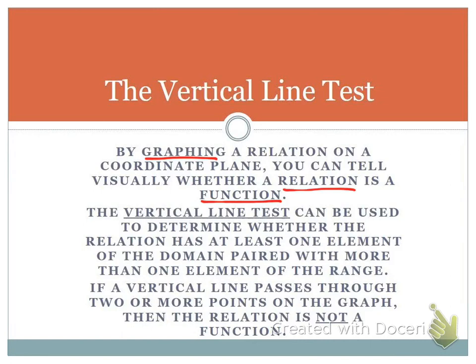The vertical line test can be used to determine whether the relation has at least one element of the domain paired with more than one element in the range.